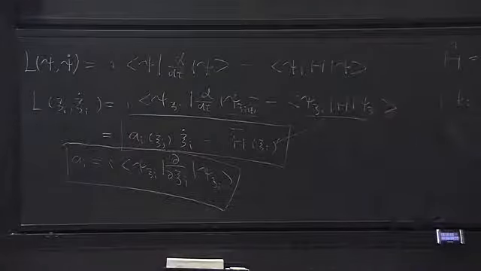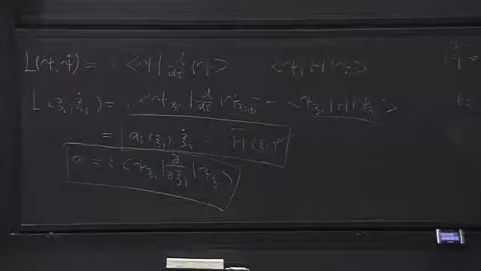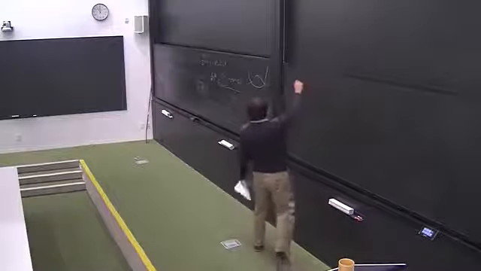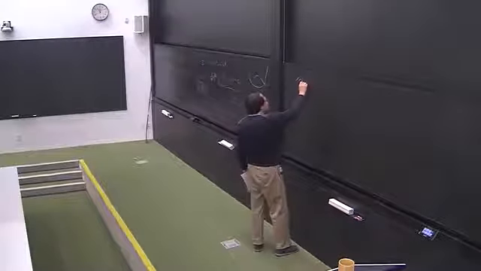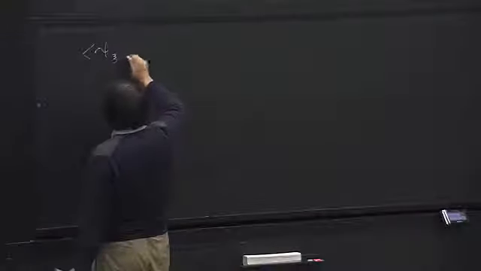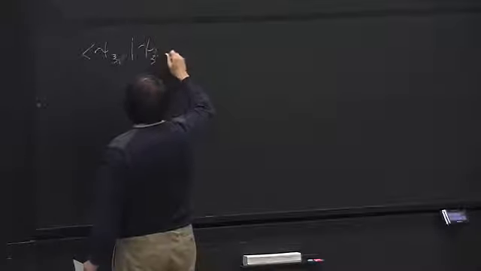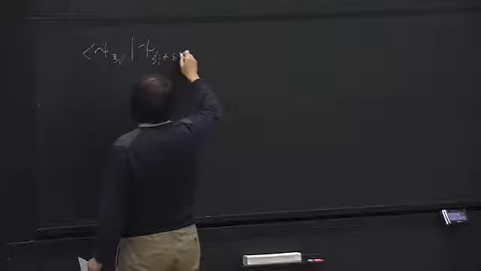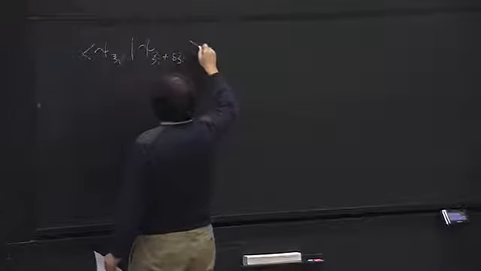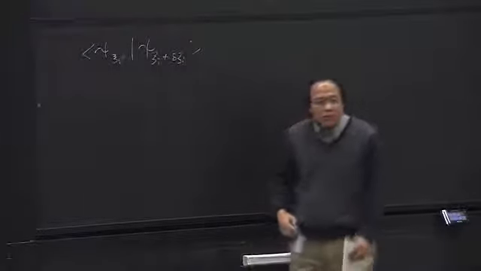Why do we call this a geometrical phase term? Let's consider the following: just the overlap of C_i and C_i plus some delta C. Let's consider this overlap.